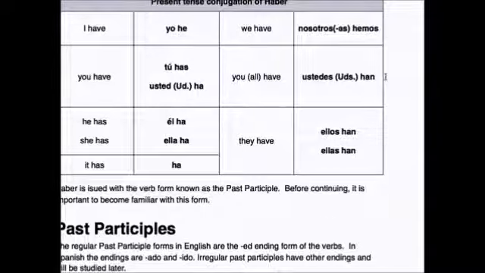Nadie puede hablar. Nobody likes to speak? A nadie le gusta hablar. A nadie le gusta hablar.